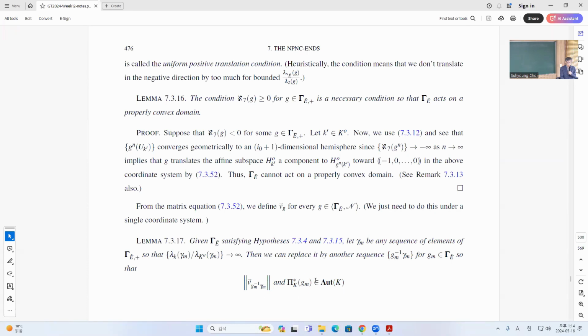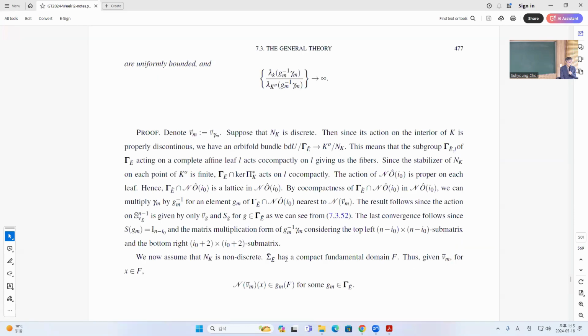So you choose these gm so that it acts in a bounded manner in k, but you make this vector direction bounded. So in the transverse ellipsoid direction you want it bounded, and in GM to be also bounded. But of course, this may not be bounded.